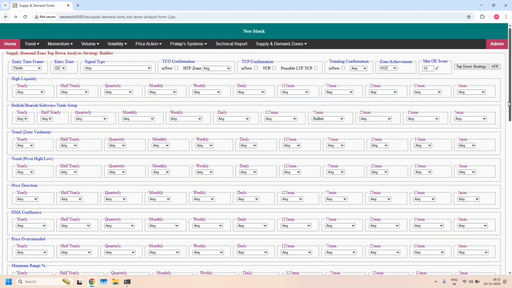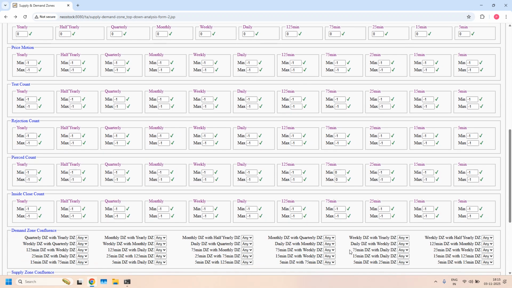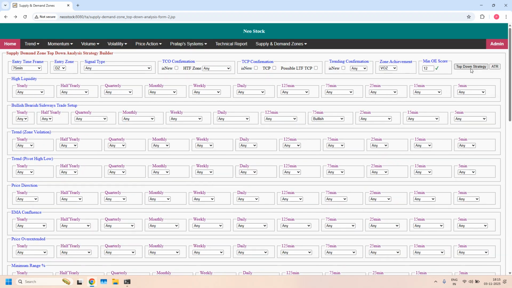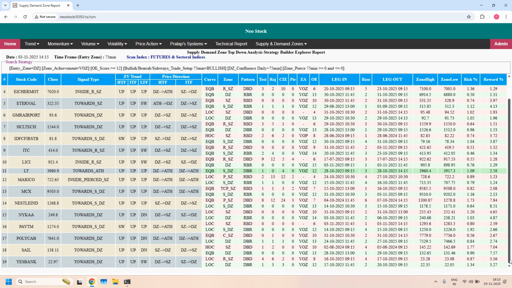First strategy we will apply step by step, as per LTF and ITF demand zone, that is 75 minutes and daily demand zone. Total 19 stocks, and all the ITF time frame, that is the daily demand zones, uptrend.